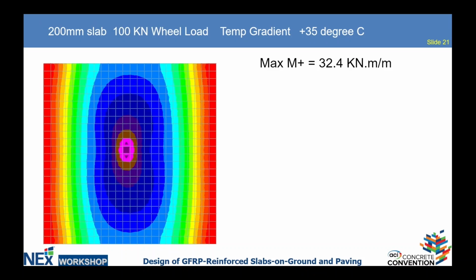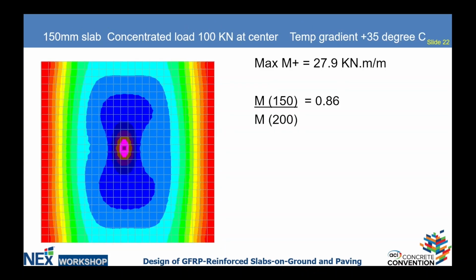And the moment is this much. But now, if we compare the 6-inch slab to the 8-inch slab, the ratio becomes 86%. So it's larger than the 55%, but it's still smaller than the 8-inch slab.